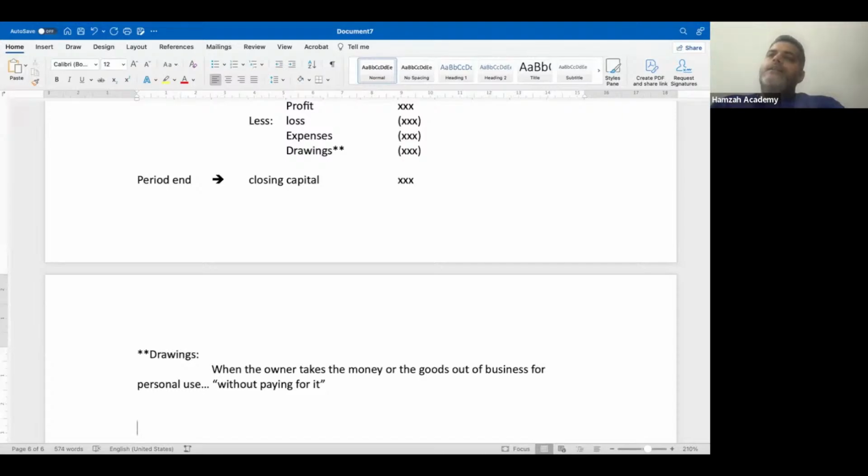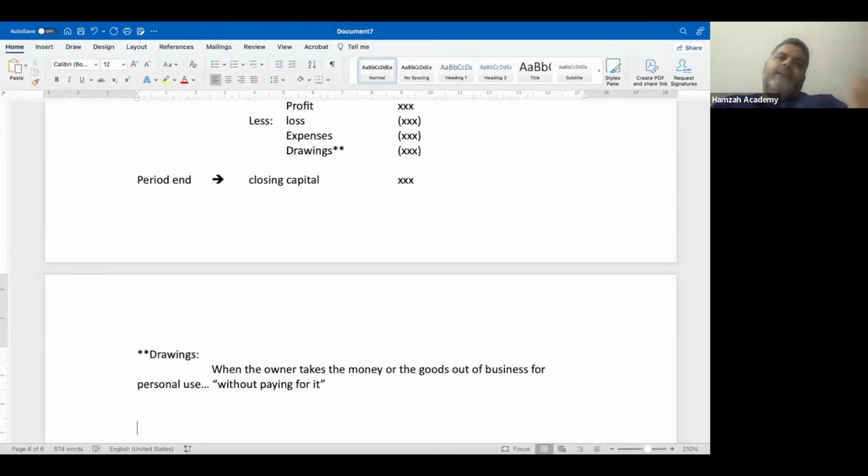For example, I run a toy store. I take out some toys for my kids, right? I bring home some toys from my shop for my kids, and obviously I didn't pay anything into the till, right? So the cost of the toys is going to be considered as my drawings.